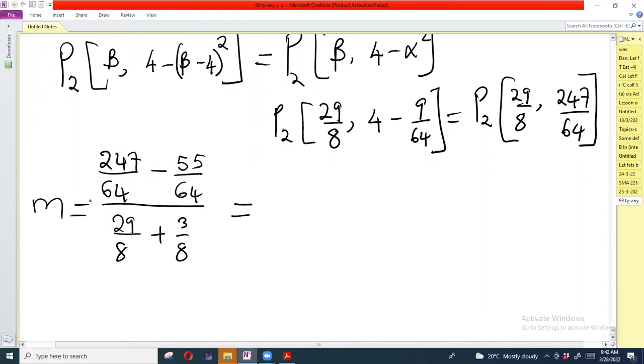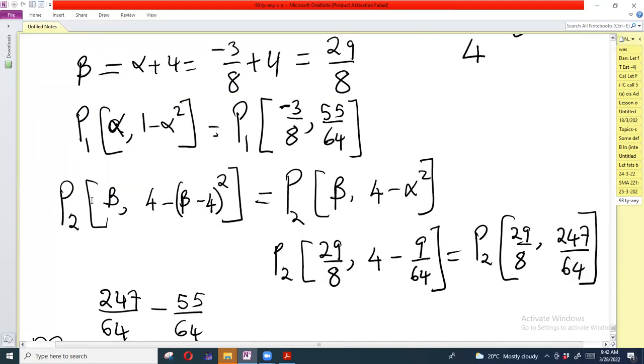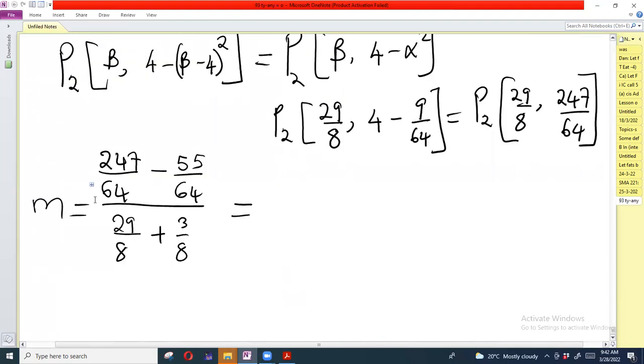So let's just confirm whether the answer will be the same value I've gotten, 3/4. So 247 minus 55 over 64 will give us 3 over 29/8 plus 3/8. Then we get 3/4. So still agreeing.